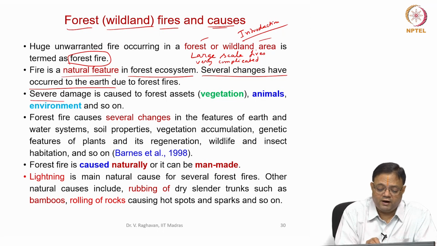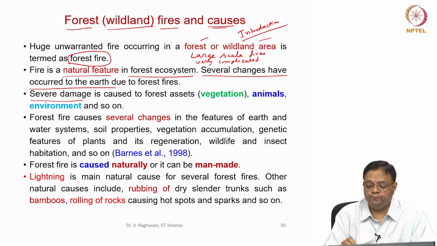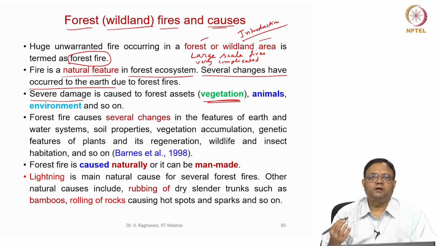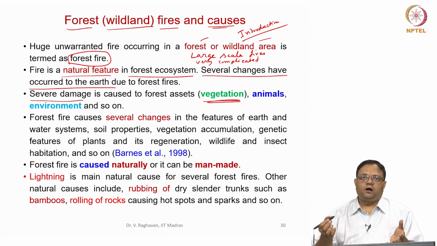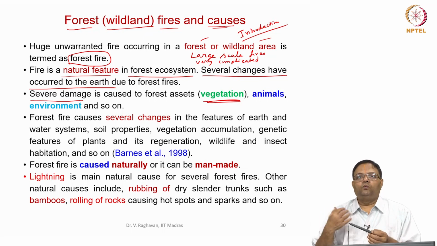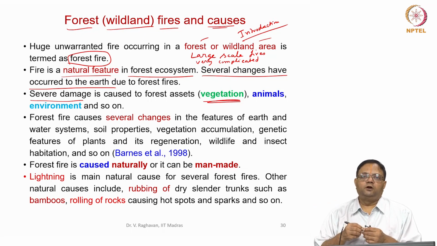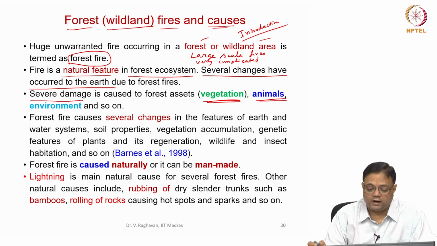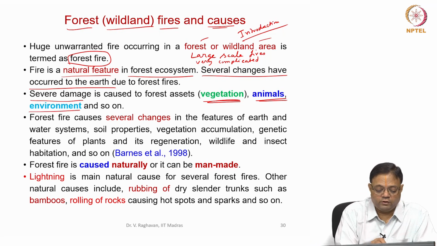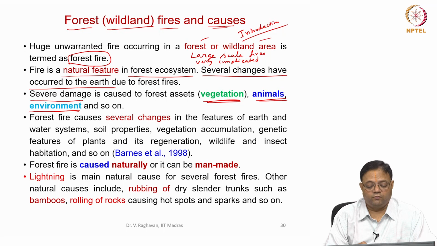Further, severe damage has been caused to the vegetation because they are burning, and for a plant or a tree to grow, it takes several years. Once that is destroyed in a fire, for the same vegetation to come up is not going to be possible very soon. Similarly, some animals also can get destroyed, and as I told you, the emissions out of this can affect the environment to a very severe extent.